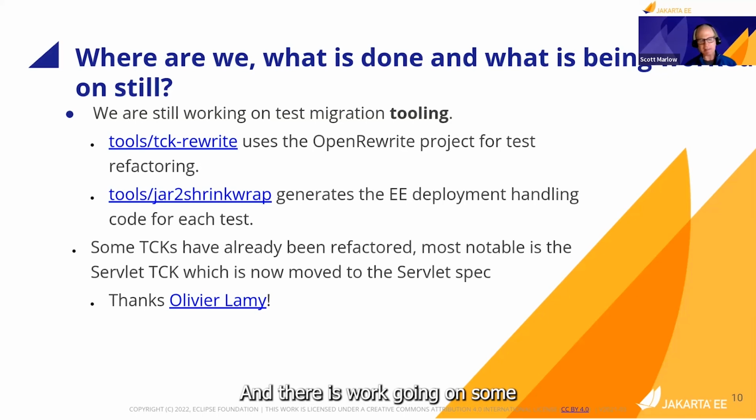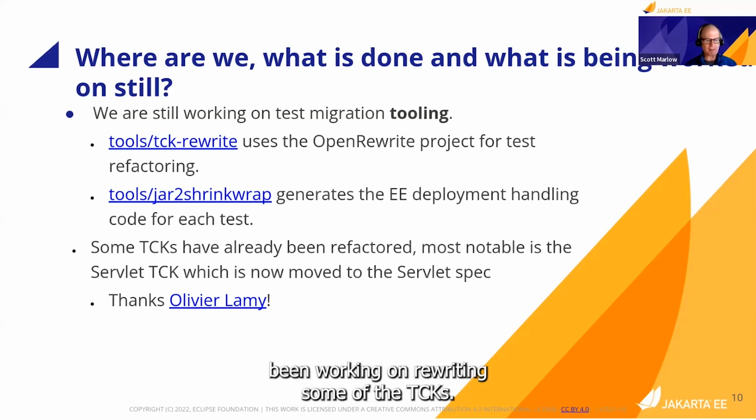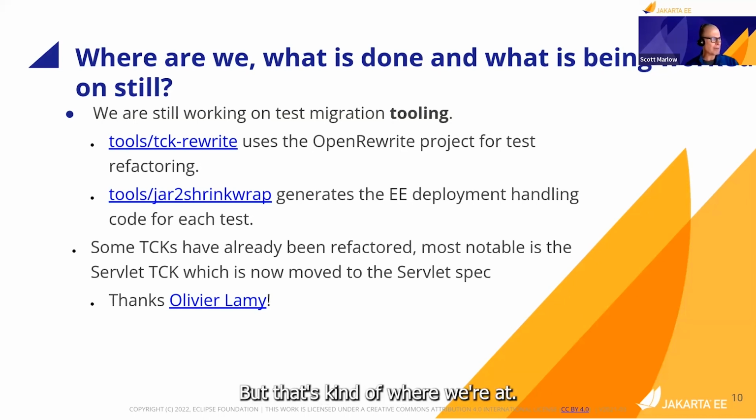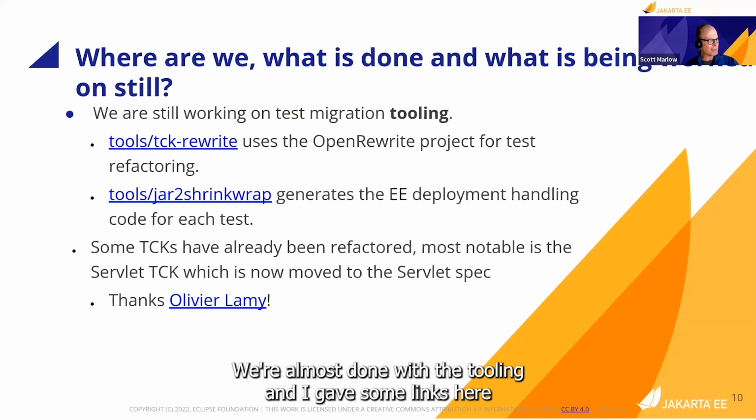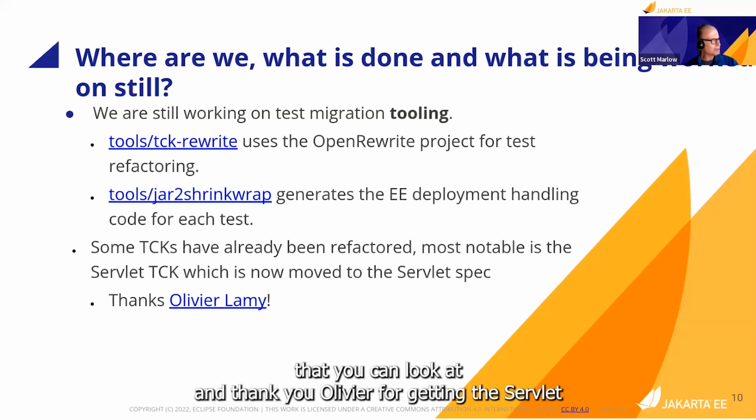And there is work going on. Some developers or contributors have already been working on rewriting some of the TCKs. It's just so much work. We really have to automate and make it easier to get through this. But that's kind of where we're at. We're almost done with the tooling, and I gave some links here that you can look at.